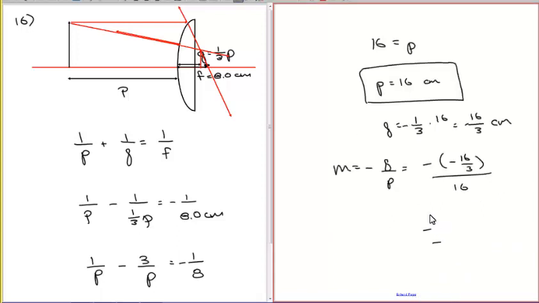And so you divide by 16, so you'll get positive 1/3. Okay, the negatives cancel out. This is the same as 16/3 divided by 16, which then you would take the reciprocal, which is 1/16, and the 16's cancel out, and you end up with 1/3. So it's 1/3 the size of the original, which is what it looks like, and it's positive, so it's upright. So I think we did that one right.